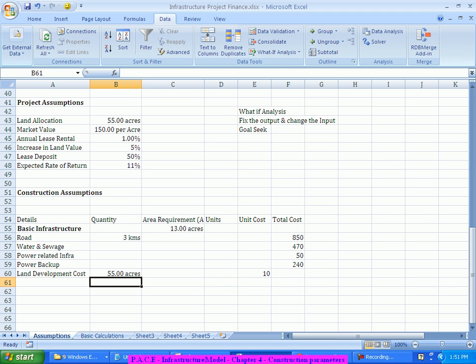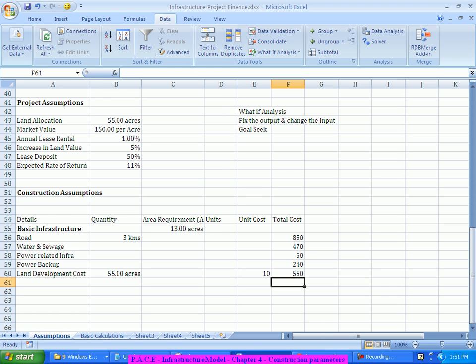And it is costing me 10 lakh per acre. So my total land development cost is coming out to this number into this number. So overall it is costing me some 550 lakhs here.